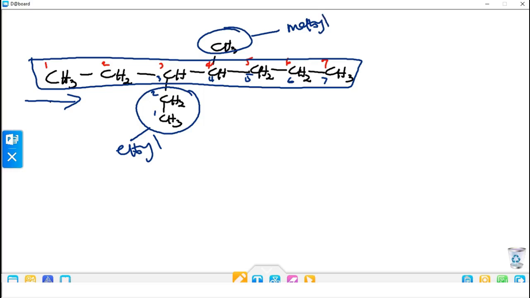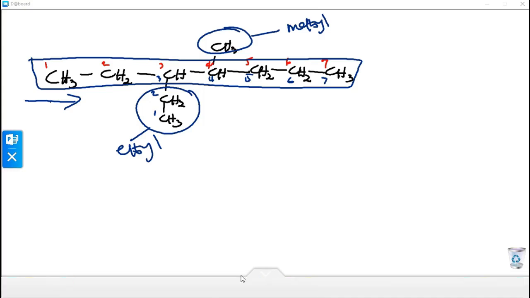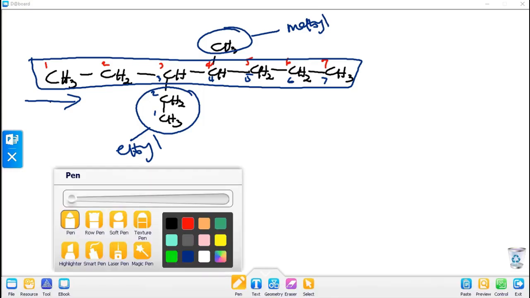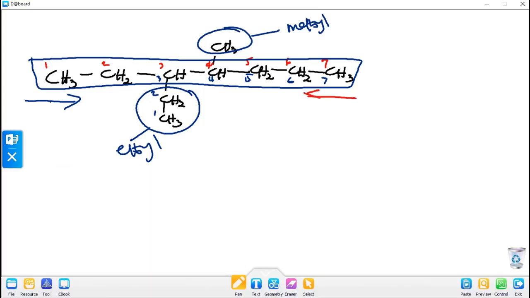What about if we come from the right? If we choose to come from the right hand side, then it means that this will become carbon 1, this will become carbon 2, this will be carbon 3, this remains carbon 4, this will become carbon 5, this will become carbon 6, and this will become carbon 7.